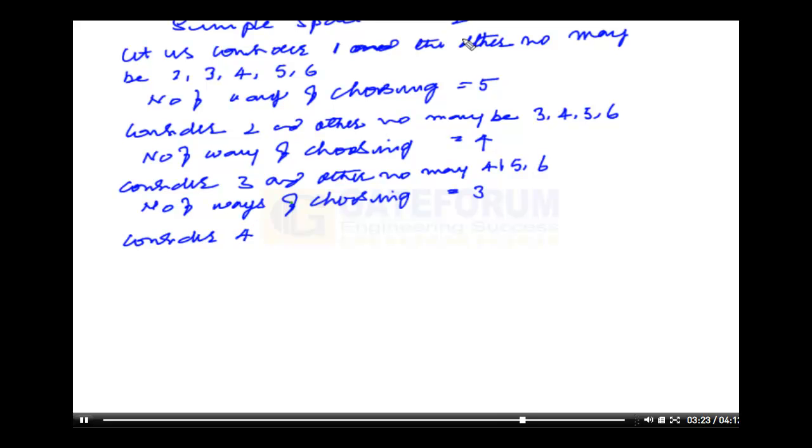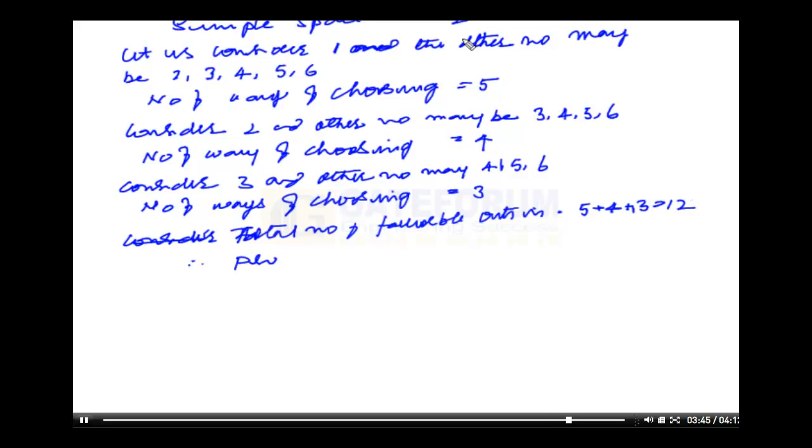So the total number of favorable outcomes is 5 plus 4 plus 3, that is 12.